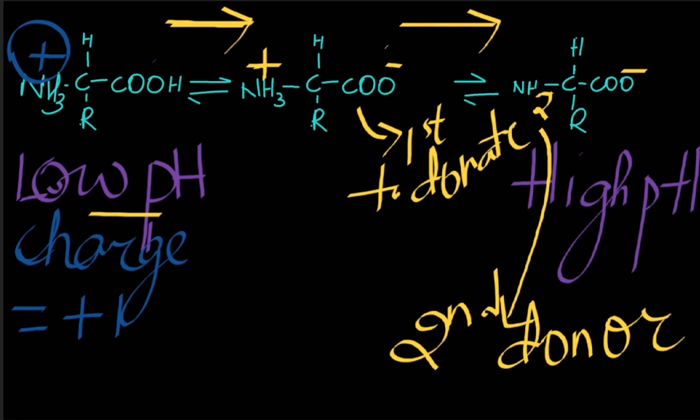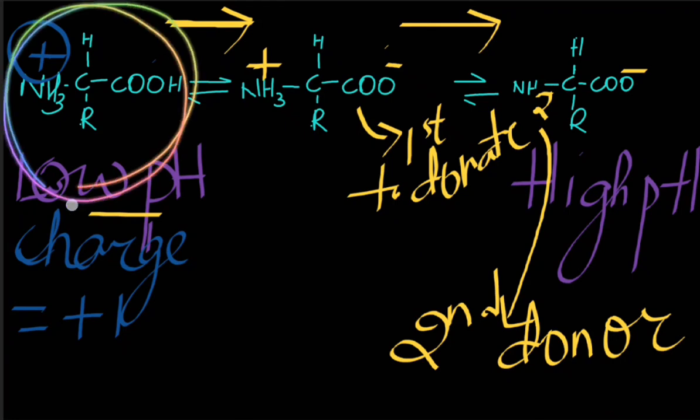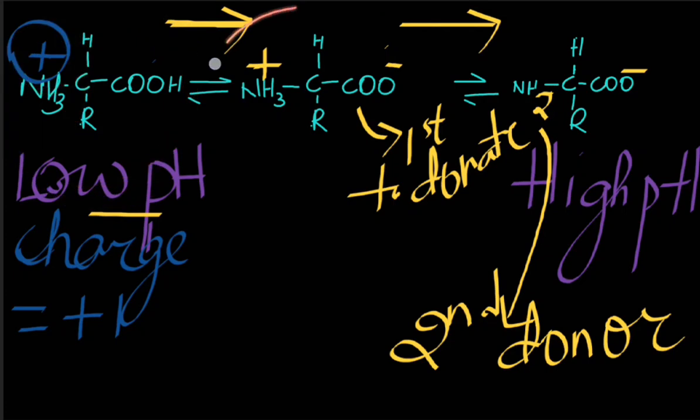So let me just repeat what I said just now. At first, hydrogen ions were very much in the solution. Therefore, COOH already had a hydrogen ion, and NH3 also took one extra hydrogen, so it gained one hydrogen ion, right? So it had a positive charge. Now, as the pH is increasing, the hydrogen ions are getting less in the solution.